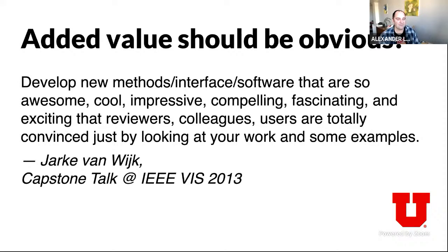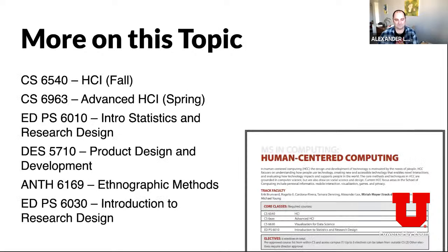He's arguing that, well, I don't really care so much whether you show me that your technique is 2 seconds better than the other, but instead I want you to develop new methods or interfaces or software that are so awesome, cool, impressive, compelling, fascinating, exciting that reviewers, colleagues, users are totally convinced just by looking at your work and at some examples. So this is to say that you don't always have to formally prove that what you did is useful if you can show, given these examples, that this is a completely new way of doing something.